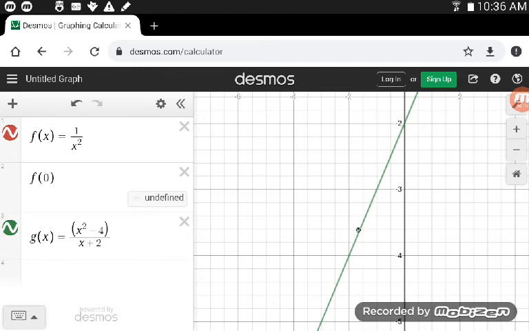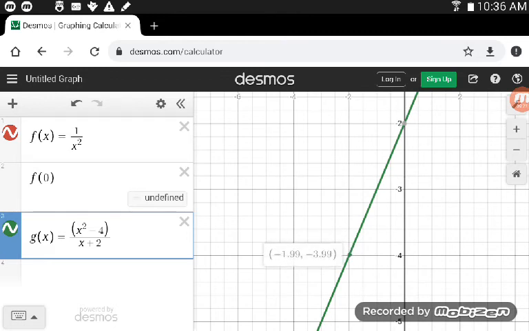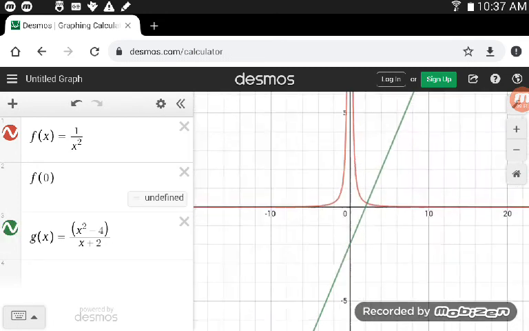Okay, so there's -2, coming down here. There we go. I'm not very good at keeping it there, but we see undefined. It's undefined there, but we don't see that behavior of heading either toward positive or negative infinity. And so graphically, we don't have an asymptote. We don't see one. Okay, so unlike our first function, f of x.